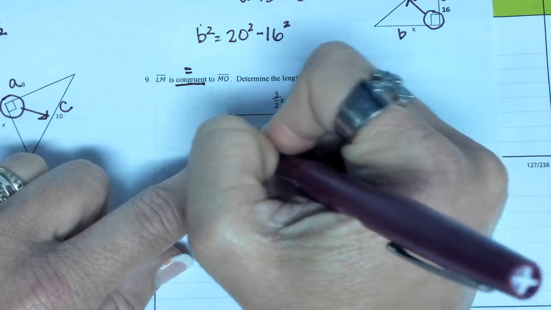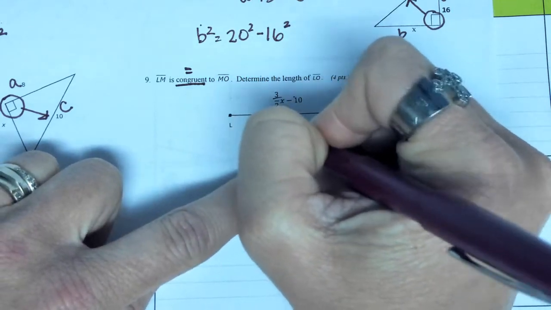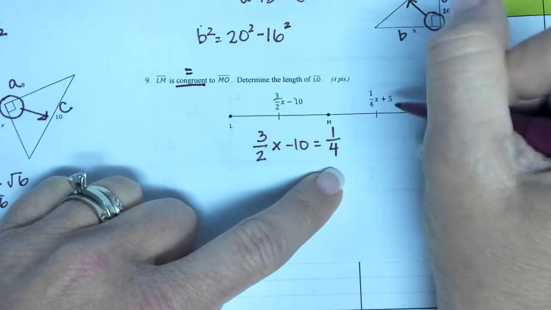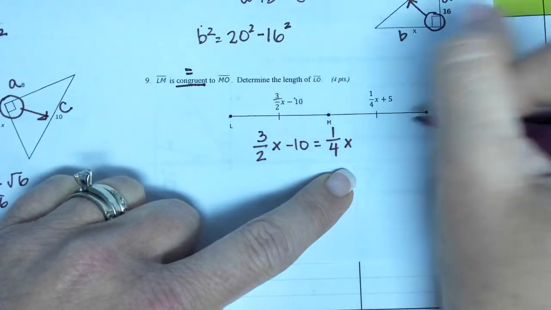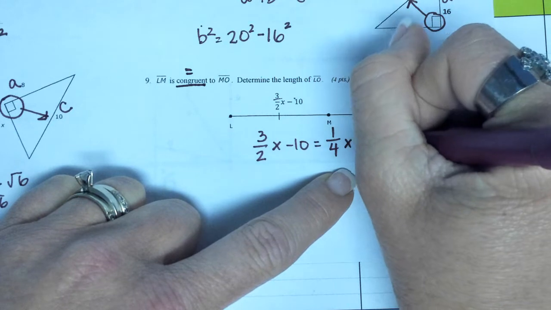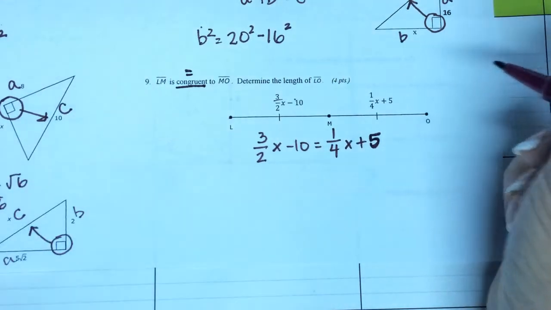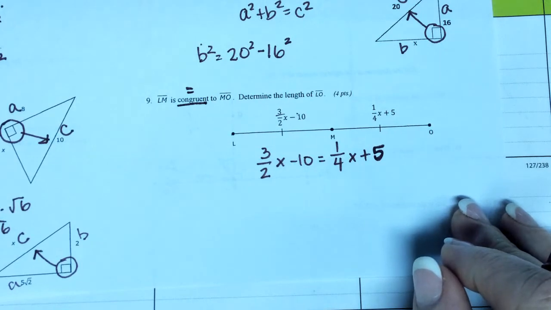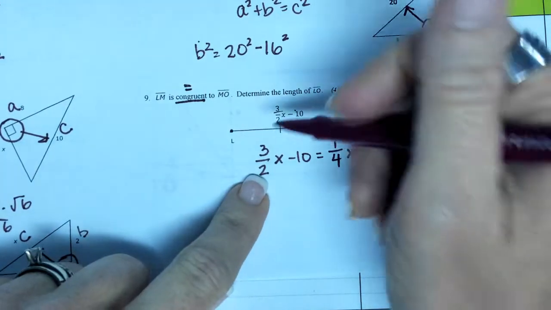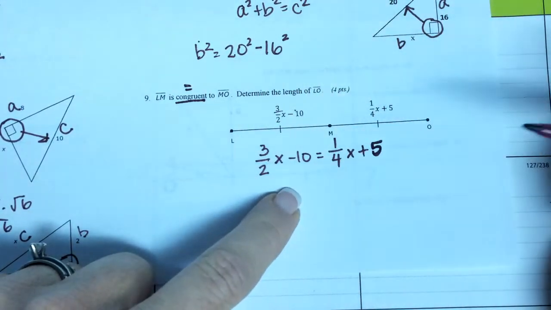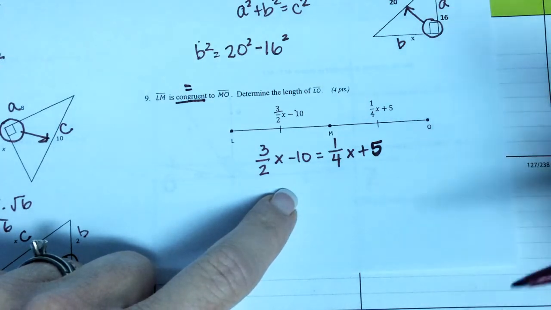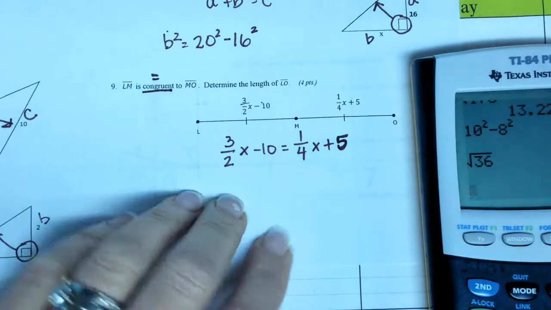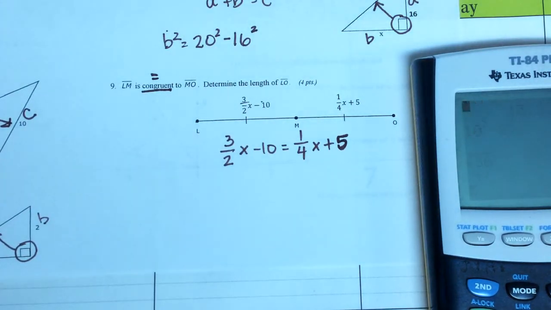So I have 3 over 2 x minus 10 equals 1 over 4 x, and then plus 5. Okay. So to make this a little bit easier, let's first convert our fractions into decimals, so that whenever we have to move our x values around, it makes it a lot easier than using the fractions.